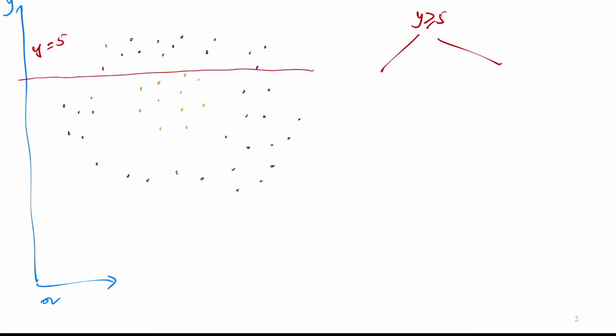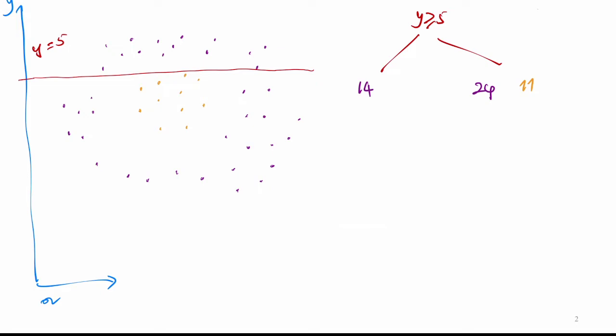On one side we have 14 purples, and on the other side we have, okay, it's fun to count this, 24 purples and 11 oranges. It seems like we need to find a couple more lines before we can actually separate this data.